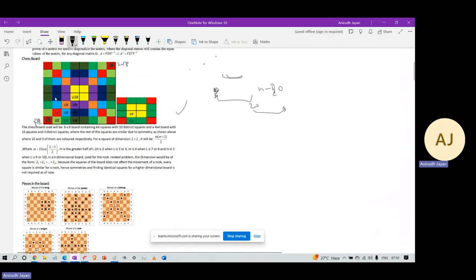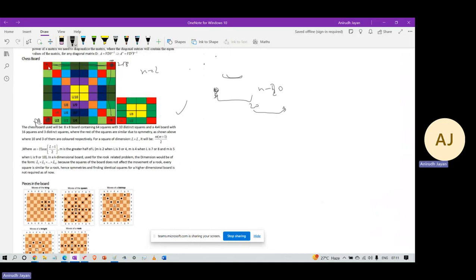So a rook must reach h8 starting from a1 in n moves. Suppose n is equal to 2. Number of ways a rook can reach h8 from a1 is 2 ways. It must move to this corner or this corner, and then it must move here, since any square from here will make the rook reach h8.